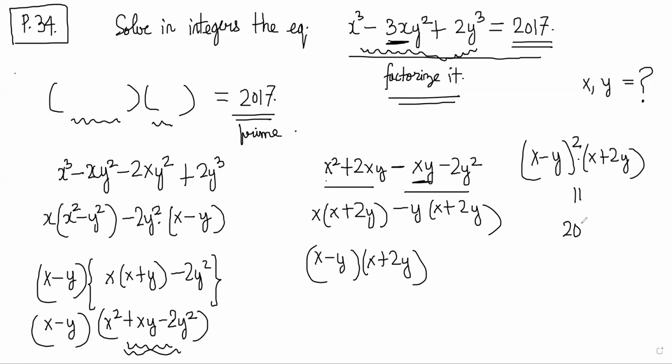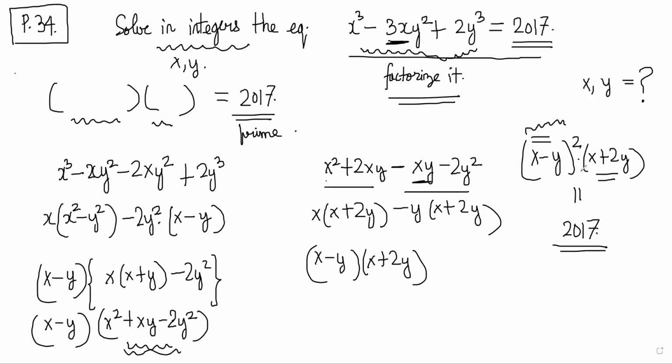This is equal to 2017. And it has been said that x and y must be integers. So this is an integer, this is an integer, but this is the square of an integer, right?